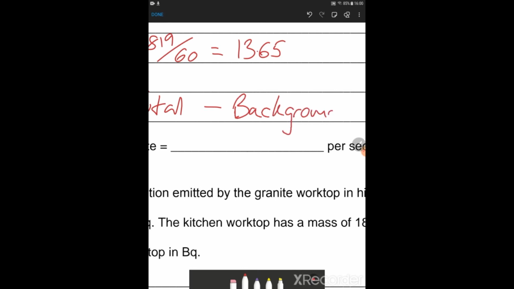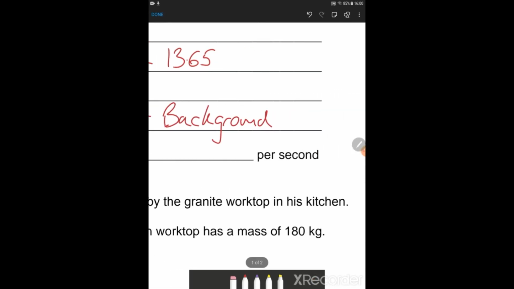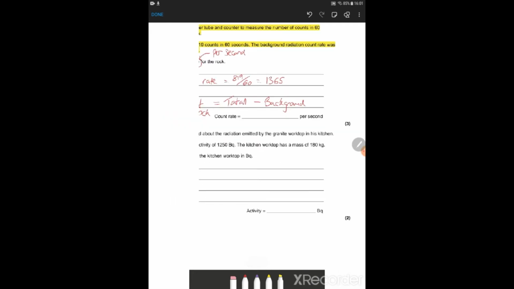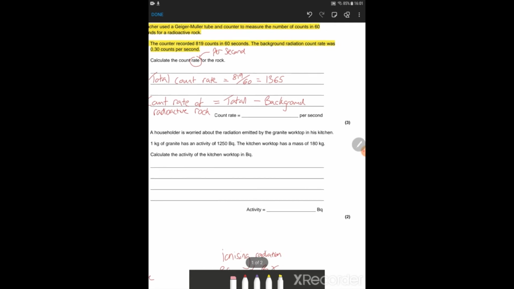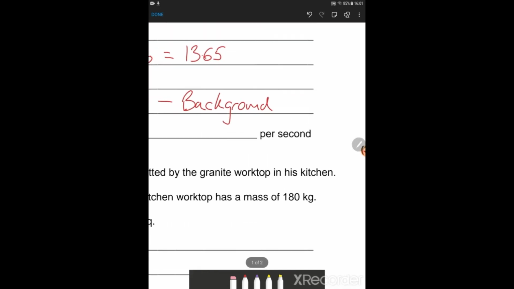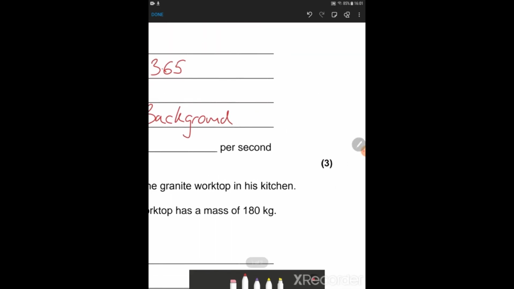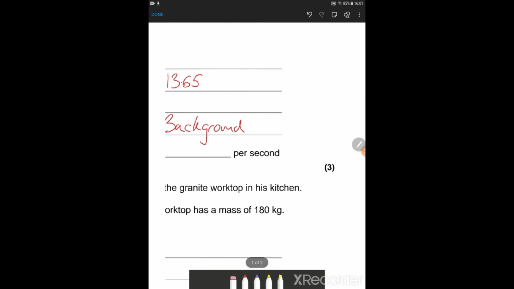Okay, and this is true for any question you get like this. They like to say, calculate the count rate of an object, and you always have to remember to take away the background radiation. All right, and that is going to equal 13.65 take away, let's check our number.